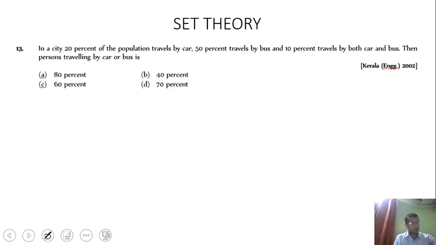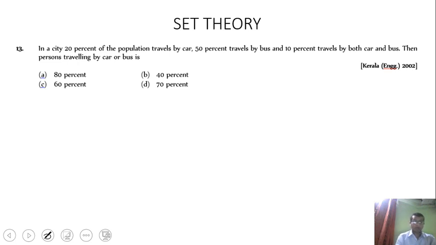In the next question, once again, it is a real world problem. The real world problem is converted into a mathematical expression, and using set theory concepts, we should simplify it. In a city, 20% of the population travel by car.